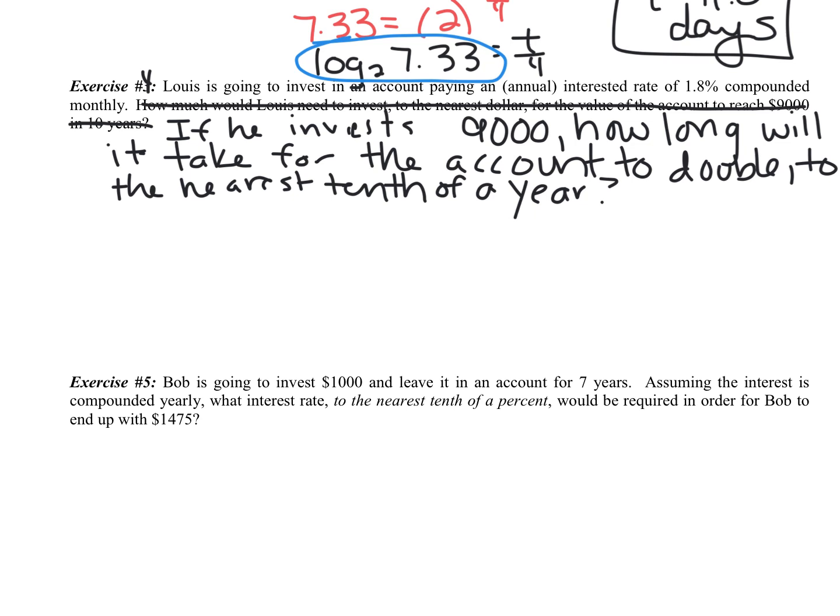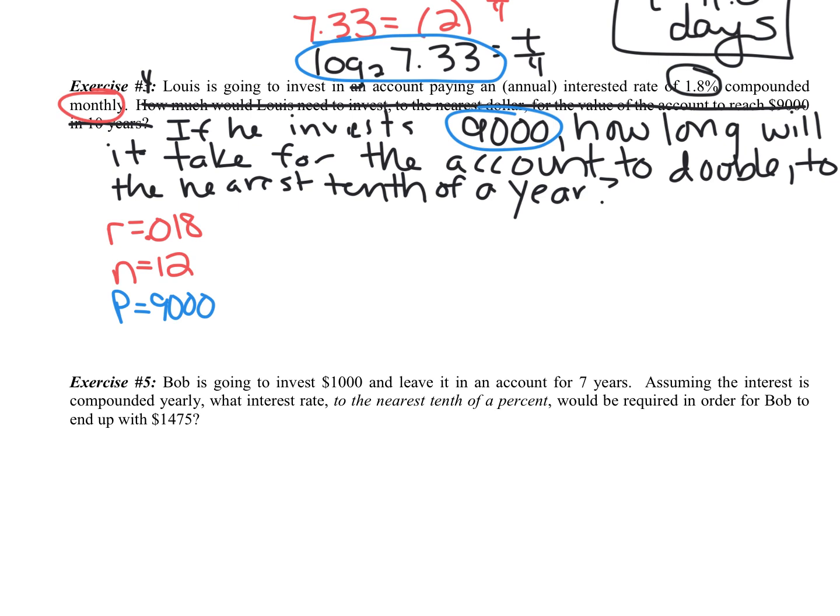Okay, so for this one we have our R value, and I'm going to write this down here. R is 0.018 because I made it a little messy by changing the problem. We're compounding monthly, so n equals 12. And we're starting with 9,000.